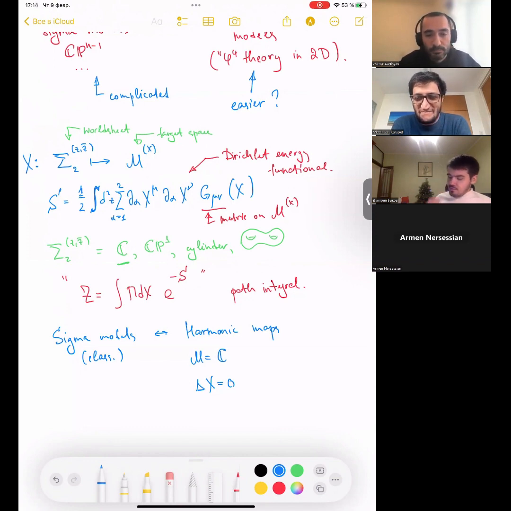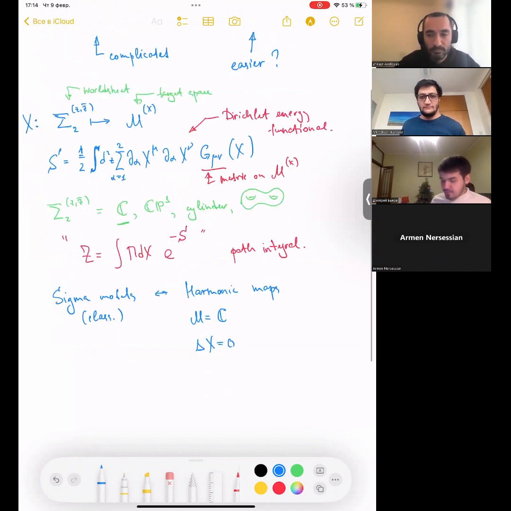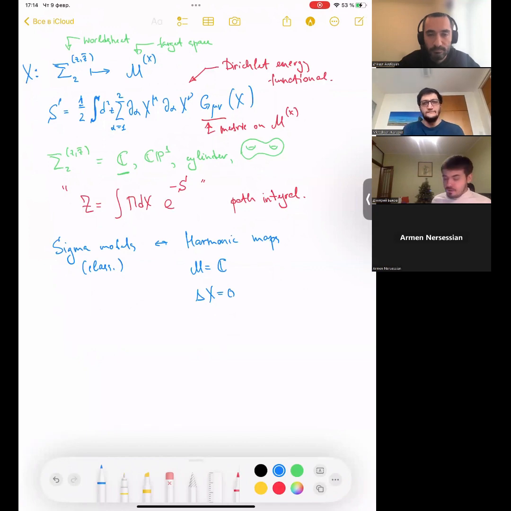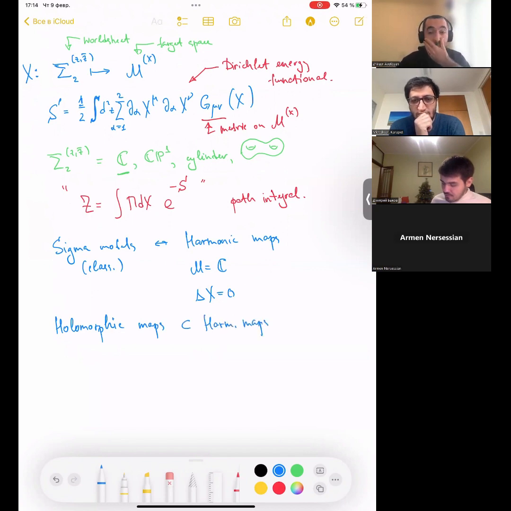But yeah. Well, it's true that harmonic maps, I mean, holomorphic maps do play a role. So the holomorphic maps are instantons in this theory. So, yeah, they are a subclass of harmonic maps, and these are instantons.